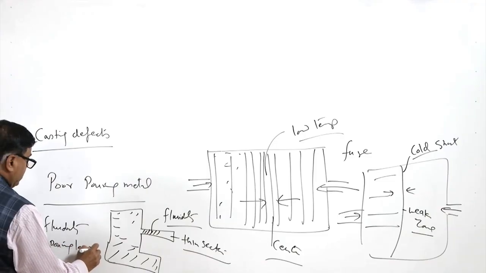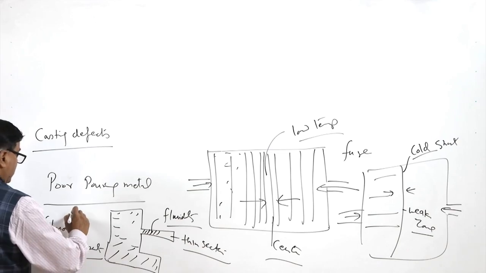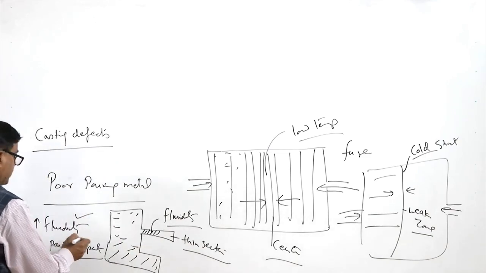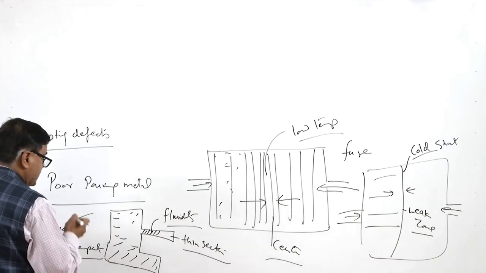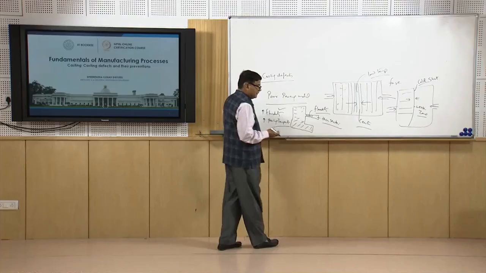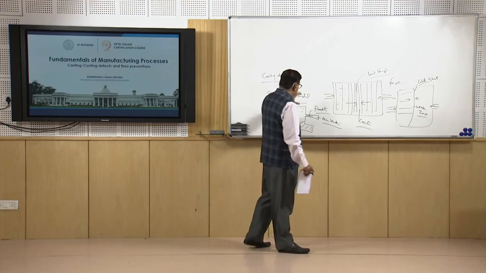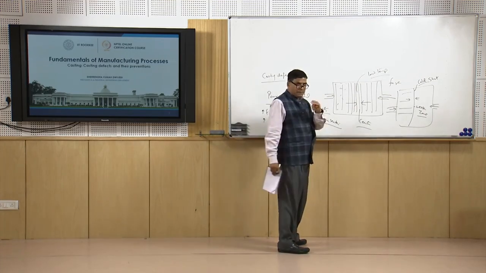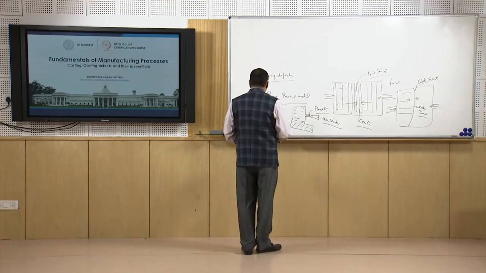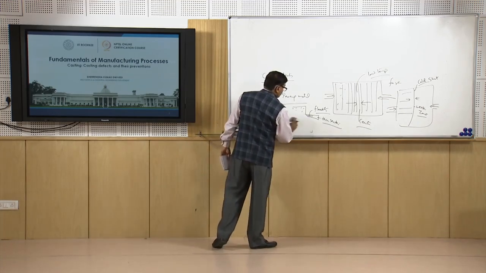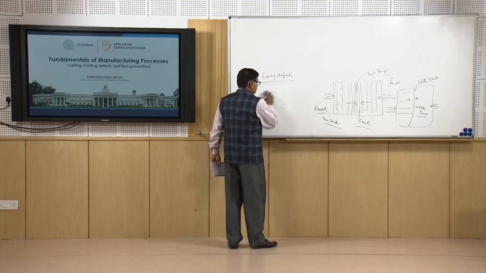Basically, the gating system needs to be designed so that it can be filled effectively. Fluidity can be improved by adjustment in the composition as well as increasing the temperature of the molten metal, so that the molten metal is able to reach all those fine spaces which are to be filled for producing the sound casting as desired.